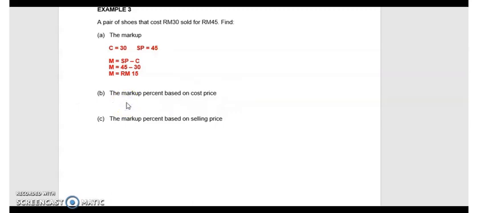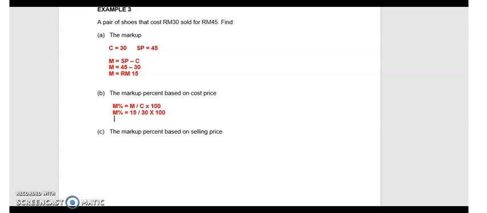Okay, so we know that markup percent equals amount of markup divided by cost. So if based on cost, divided by cost, and then multiply by 100. So markup percent equals amount of markup 15 ringgit divided by cost. Cost is 30 ringgit and then multiply by 100.